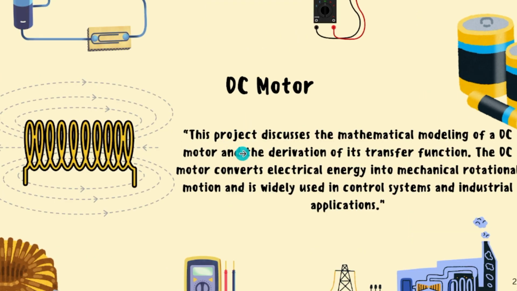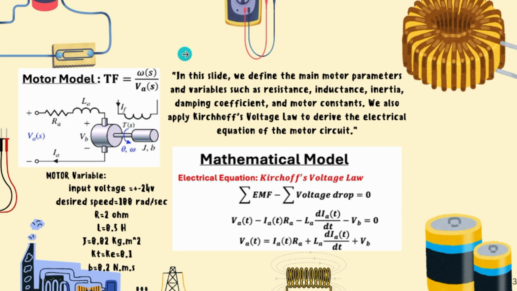So, DC motor. This project discusses the mathematical modeling of a DC motor and the derivation of its transfer function. The DC motor converts electrical energy into mechanical rotational motion, and it is widely used in control systems and industrial applications. In this slide, we first show the equivalent circuit of the DC motor.